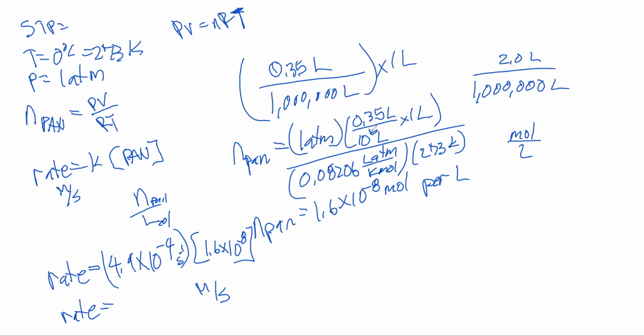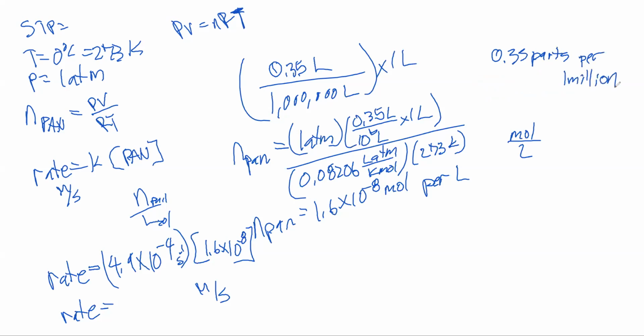Professor, can you explain how you got the volume again? Are you talking about the 1 liter or the 1 million liters? The 1 million. All right. So it's telling us that we have a concentration of 0.35 ppm, so 0.35 parts per 1 million.